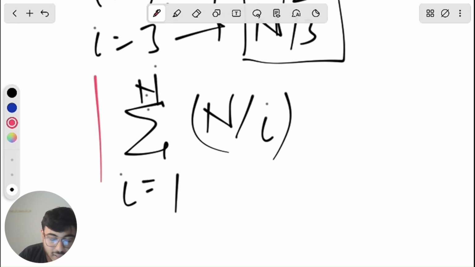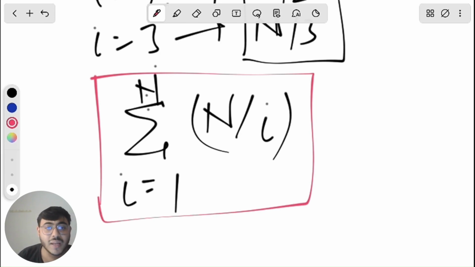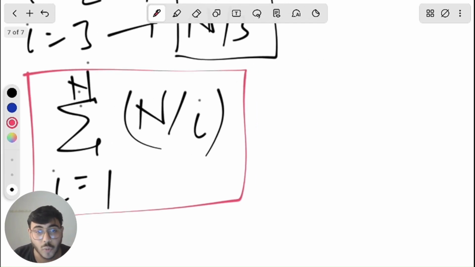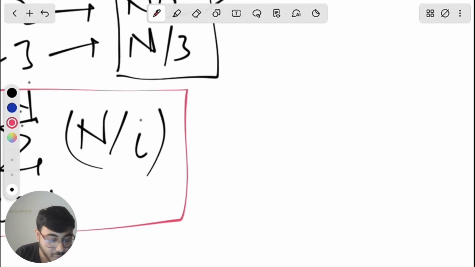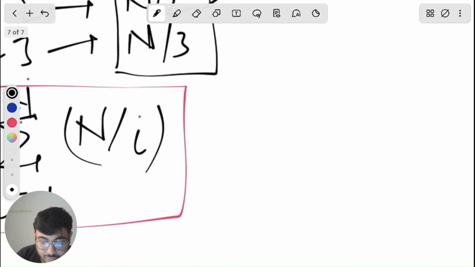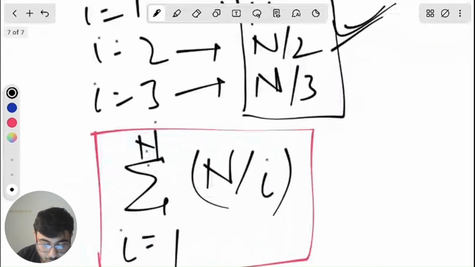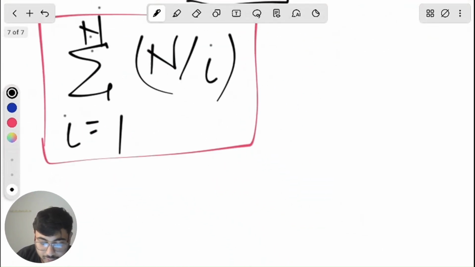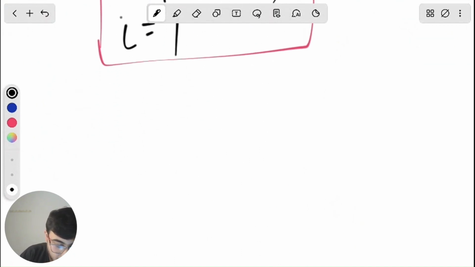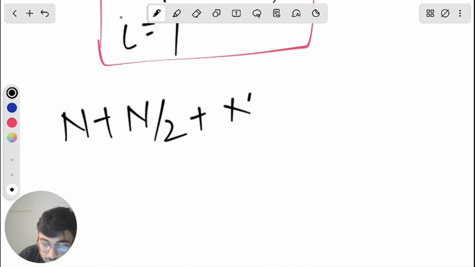So our run time is basically the summation of this thing. But what does this that I wrote actually mean? Let's just open up this summation. We can write this thing as n plus n by 2 plus n by 3 and up till n by n, right?